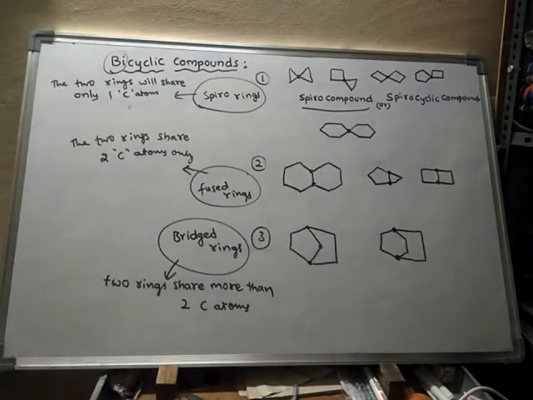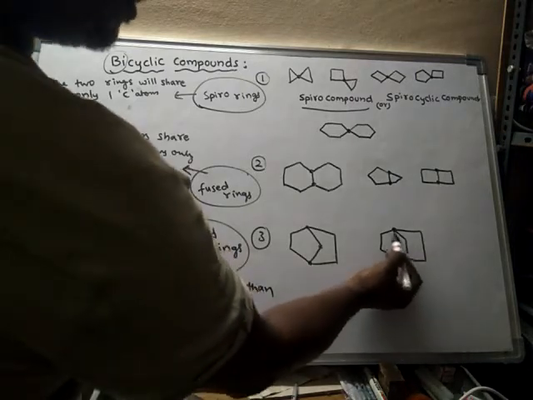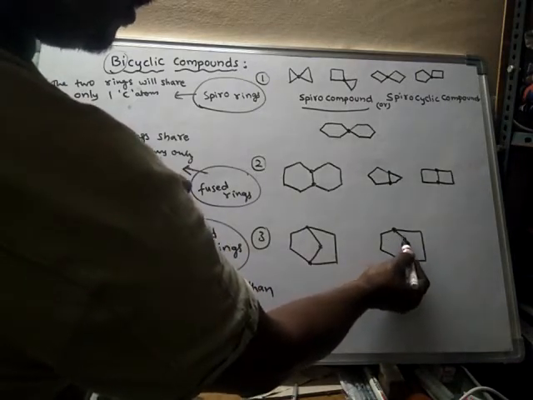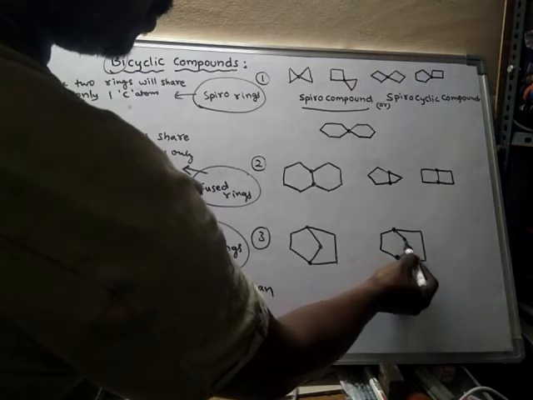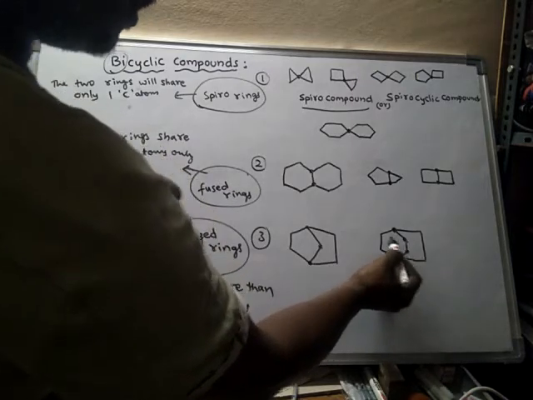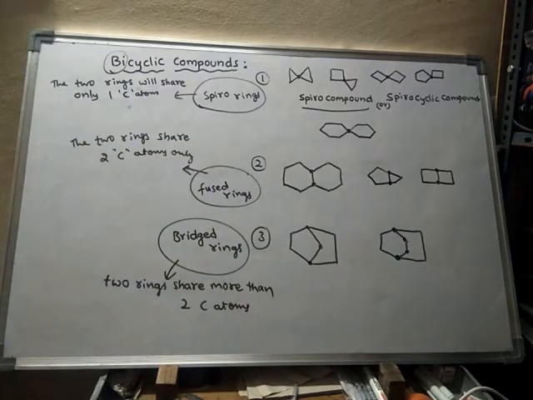Here these two rings, they are sharing what? They are sharing 1, 2, 3, 4 carbon atoms that are shared by both the rings. That means more than 2 carbon atoms. If two rings share more than 2 carbon atoms, then such rings are said to be bridged rings.